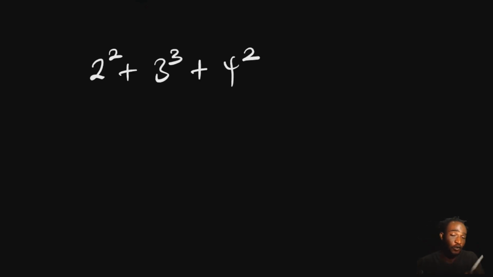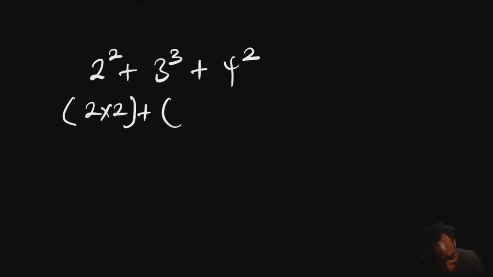All right. So let's take a look at another example, this time with numbers. Assuming we have 2 raised to the power 2 plus 3 raised to the power 3 plus 4 raised to the power 2, we have to evaluate this without using a calculator. We know that 2 raised to the power 2 means that 2 is multiplying itself 2 times, so we are going to have 2 times 2.